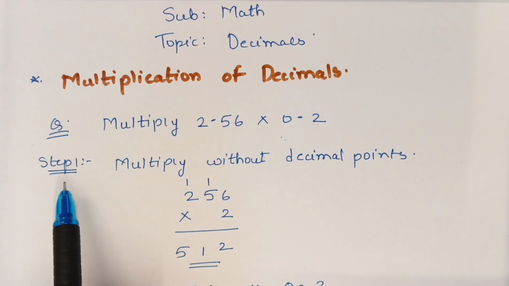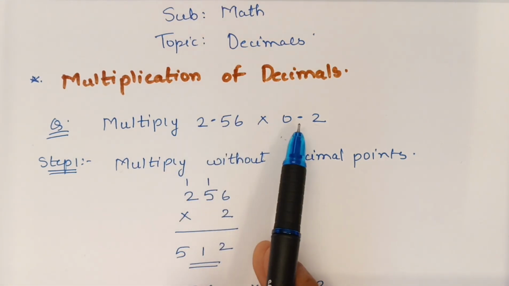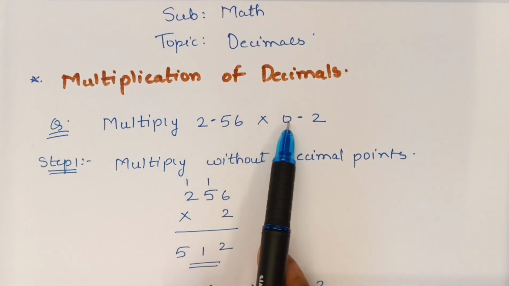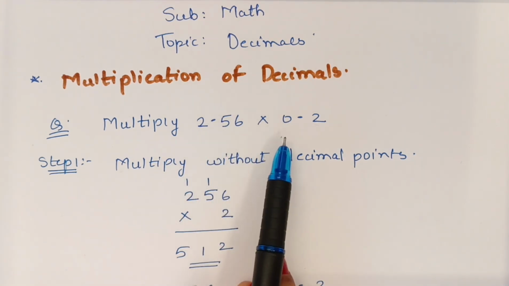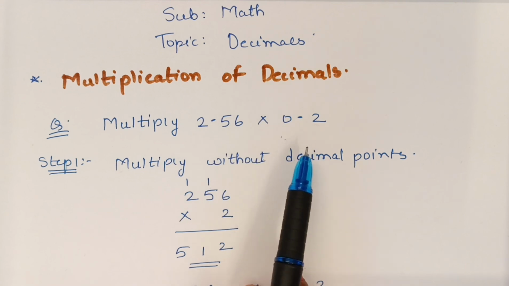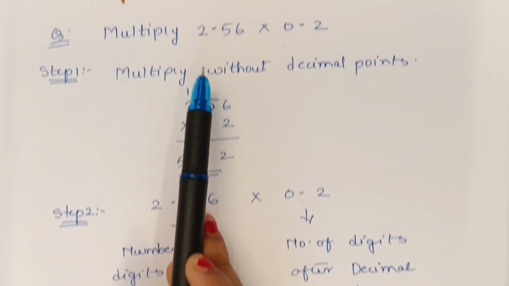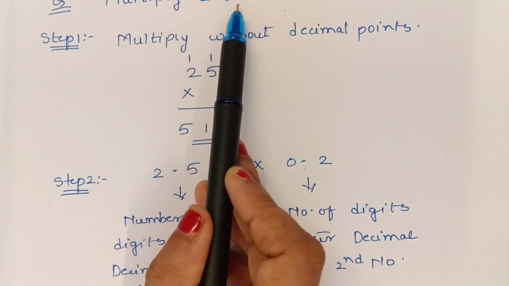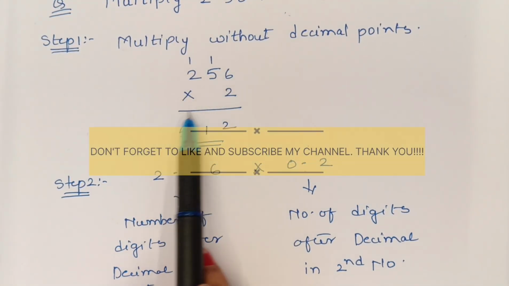Step 1. First and foremost, see the decimal numbers, forget about the decimal points, consider them as whole numbers and multiply. Now what I did, I discarded this decimal point. So 2.56, I wrote it as a whole number, 256 into 2.